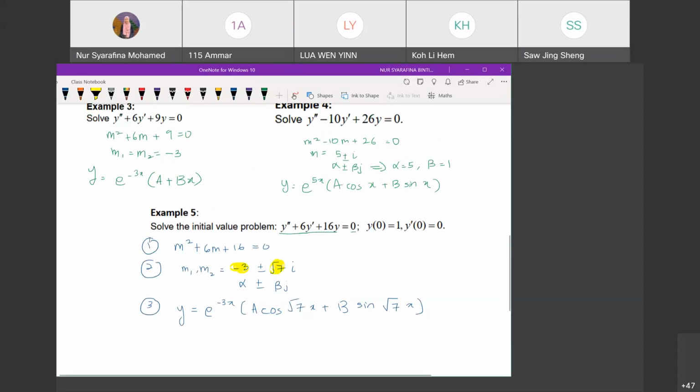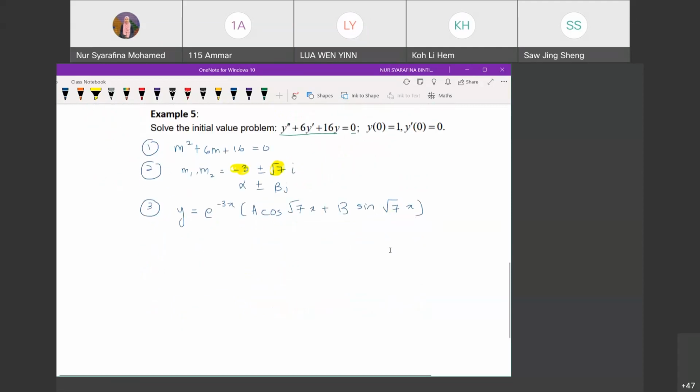Now we are going to solve based on the conditions given. Whenever there are conditions, we can find the values of constants A and B. Because we have two constants, we need two conditions, and there are two. The first condition is y(0) equals 1, and the second condition is y prime(0) equals 0.